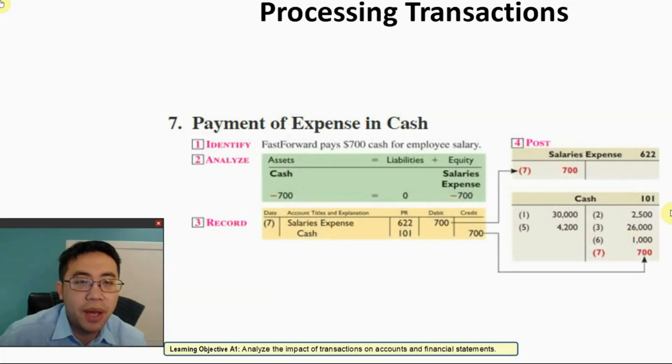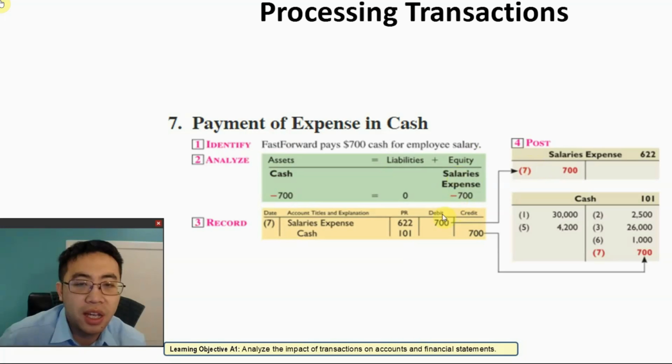The next one is the payment of expense in cash. The company just paid $700 cash for employee salary. So cash got reduced by 700, and salary expense is actually incurred, an expense of 700. So expense, as I mentioned earlier, just like your rent expense, is a negative equity.